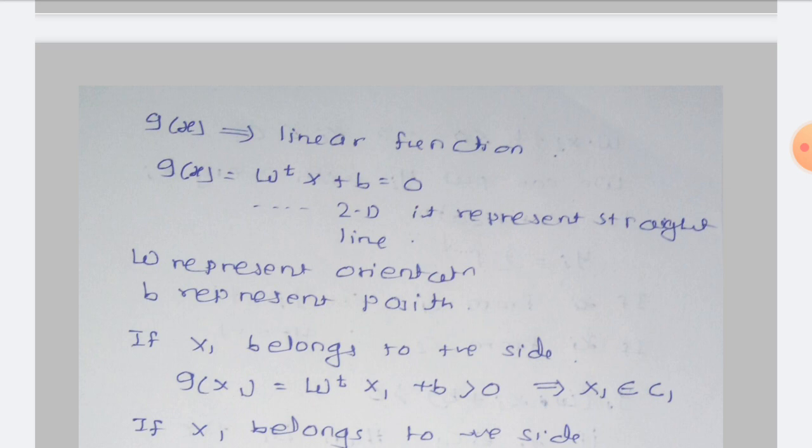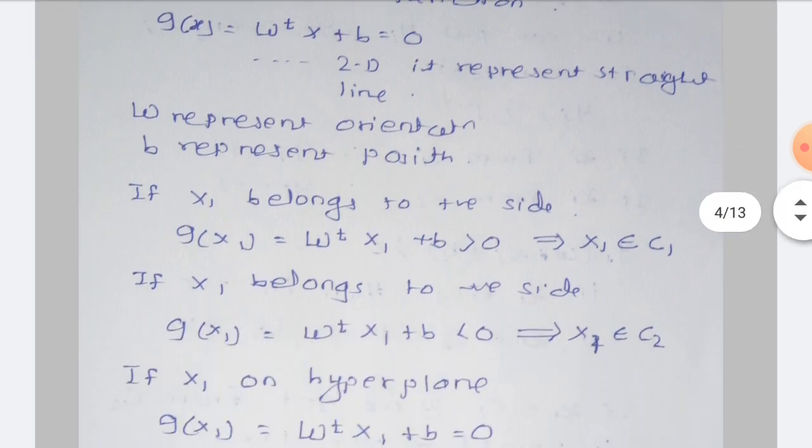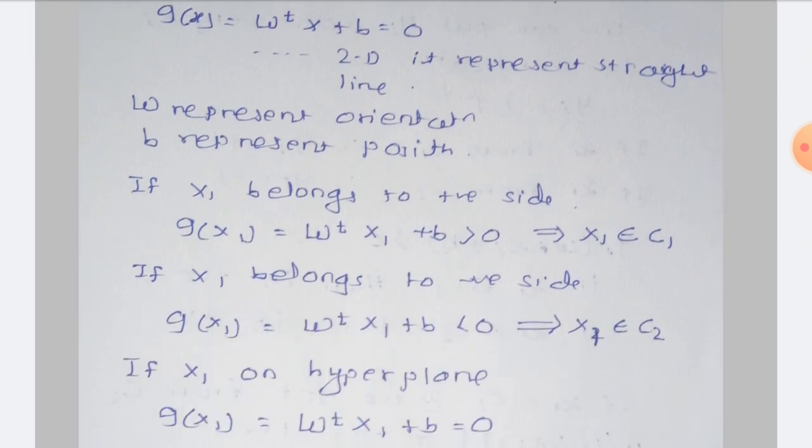If it is greater than 0, then we can say that x1 belongs to class 1. Opposite to that, if x1 belongs to the negative side, then g of x1 is equal to WTx1 plus b, and this value is less than 0, so we can say that x1 data point belongs to class 2.